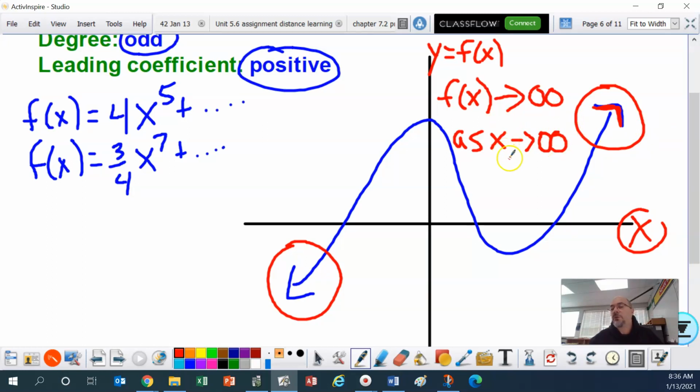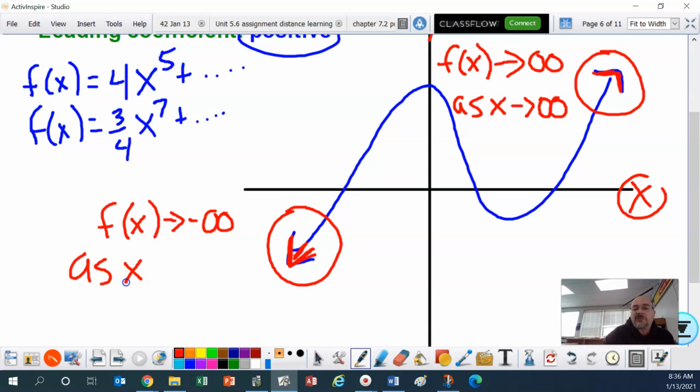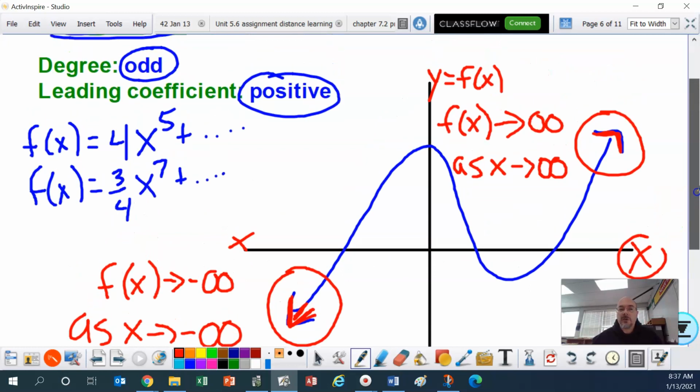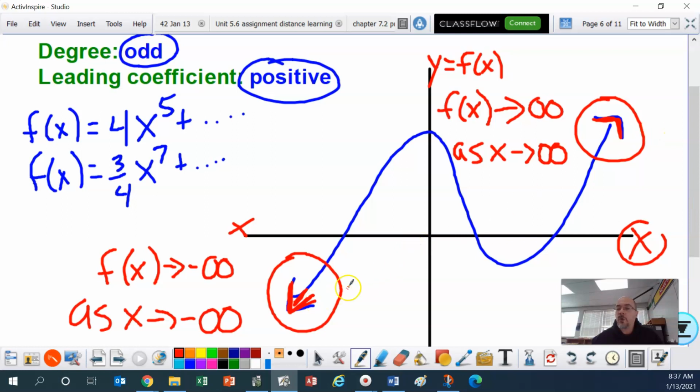As x goes to positive infinity, f of x goes to positive infinity. Well, what's happening over here? F of x is going to negative infinity. It's going down forever, as the x value, getting smaller and smaller, goes to negative infinity. So that's the end behavior when the degree is odd and the lead coefficient is positive. The end behavior will always be that way.